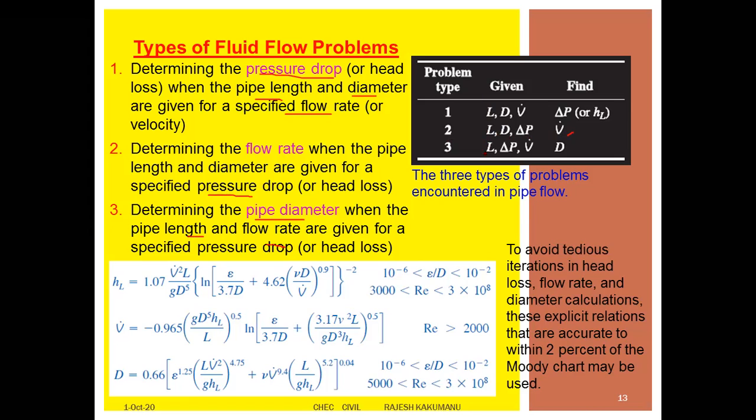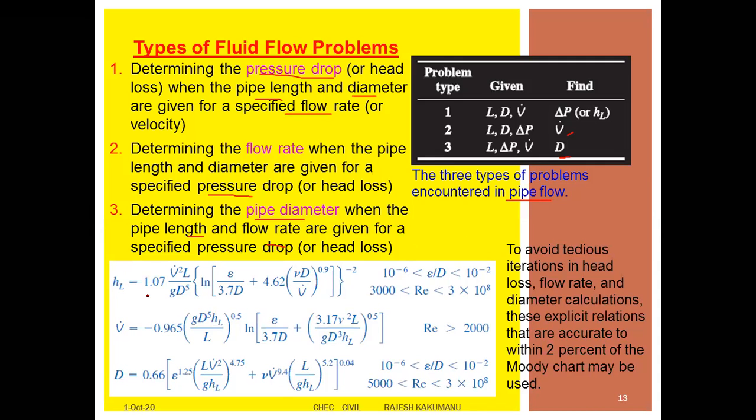So in the third case, when the length, delta P and velocity are given, we have to find the pipe diameter. So these are the three types of problems encountered in pipe flow. A pipe flow may be laminar or turbulent. These are the three cases, right? So let us see the head loss, flow rate, and diameter calculations.